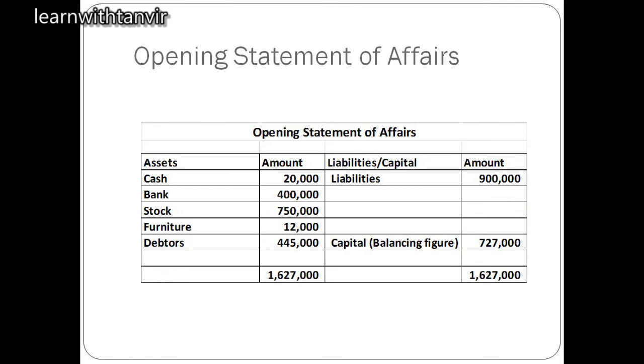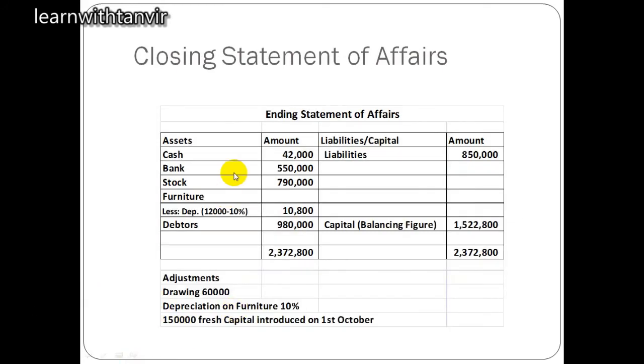Now we will see how the ending statement of affairs is made. Now you can see that in the same way we put all assets and liabilities on the assets and liability sides, like we did in the previous slide. Because you know that 10% should be charged on furniture, we mention 10,800 as the net figure.